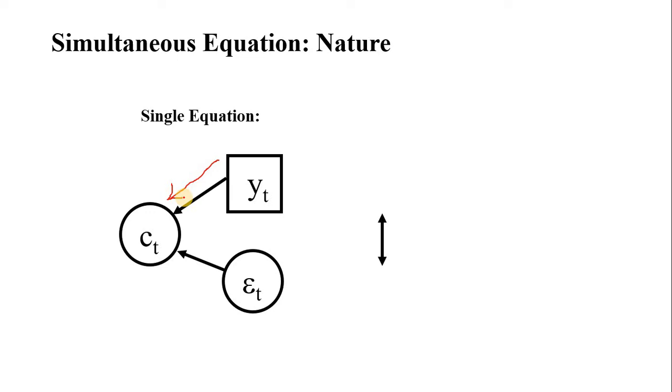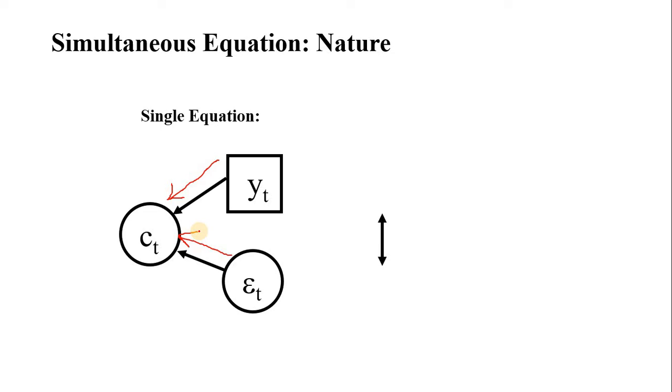Income is the determinant of consumption. And not only income, there are some other factors that also affect consumption. So here we have a one-way relationship. One arrow is going from yt to ct, and from the error term to ct also one arrow is going.